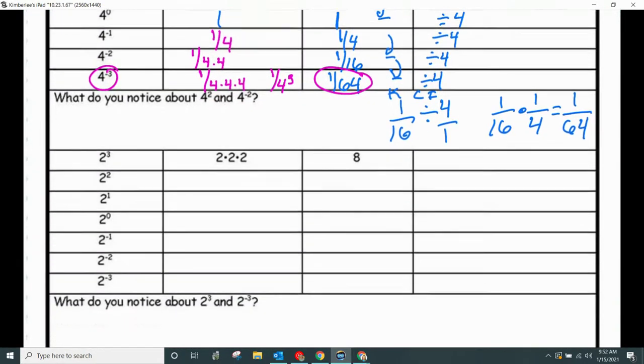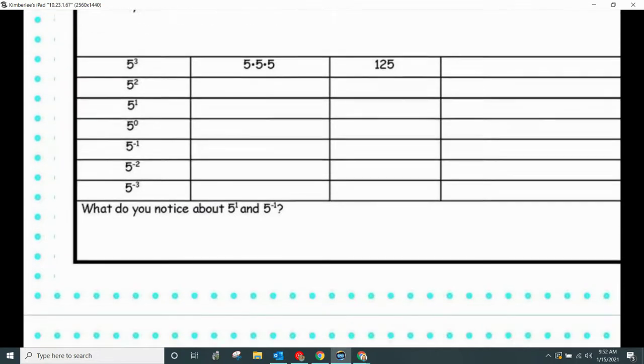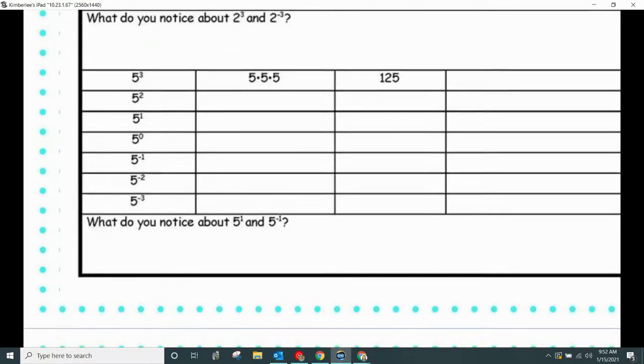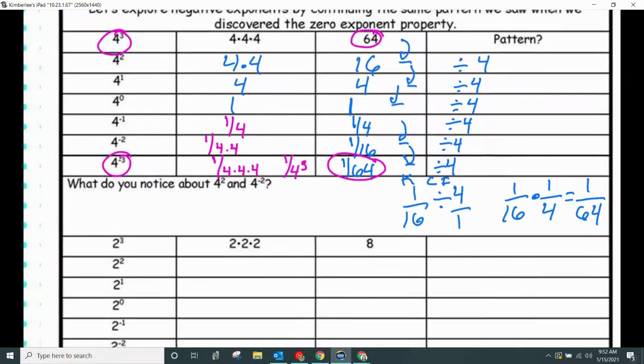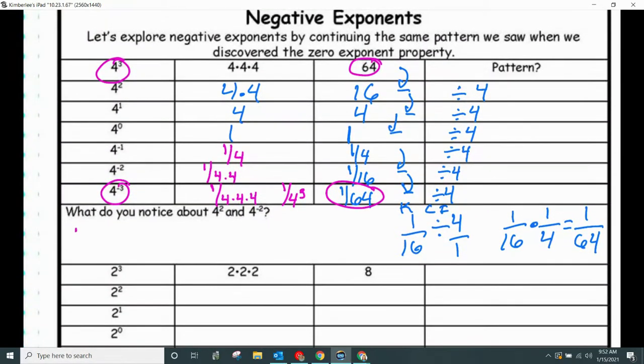Now the question down here was, what do you notice about 4 squared and 4 to the negative 2? Well, 4 squared is the same thing as 4 times 4, and 4 to the negative 2 is equal to 1 over 4 times 4. That's what we got. 4 squared was 4 times 4, which was 16.